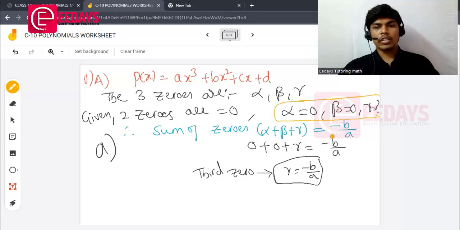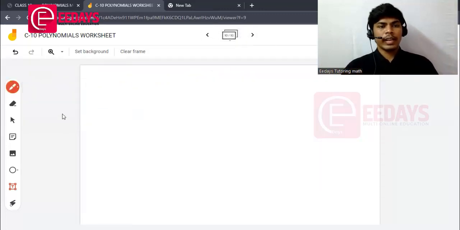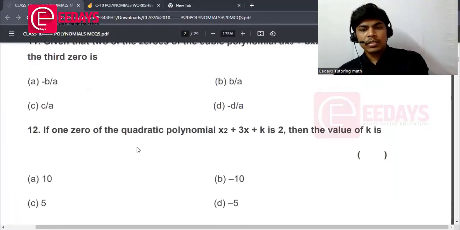We know the sum of zeros is minus b by a, so 0 plus gamma is equal to minus b by a. You just apply your sixth sense. This type of question is very easy, and we can get the answers just by seeing the questions.